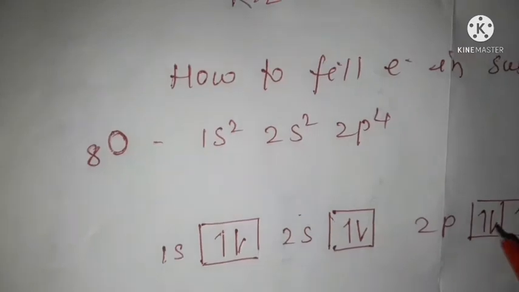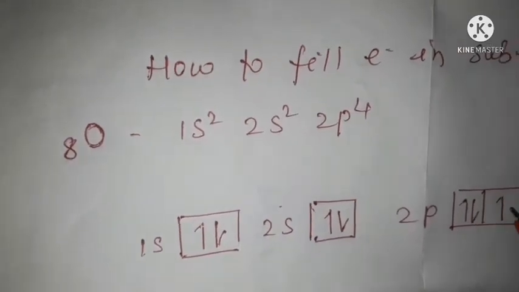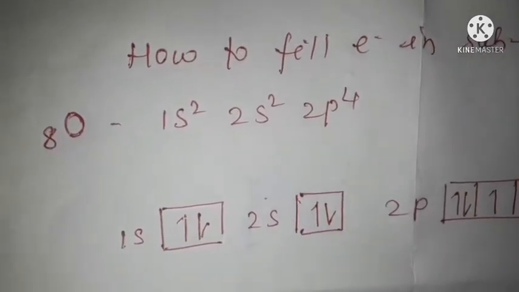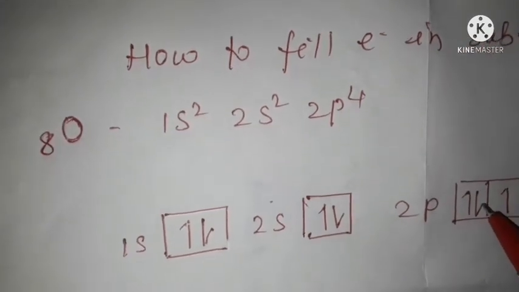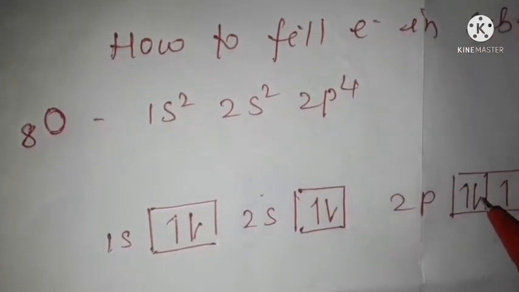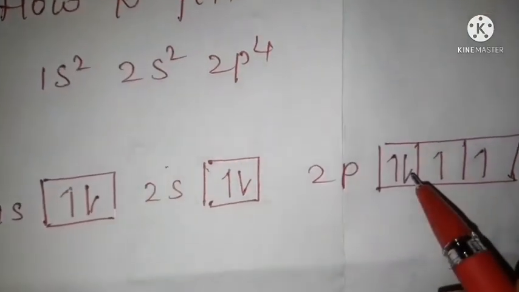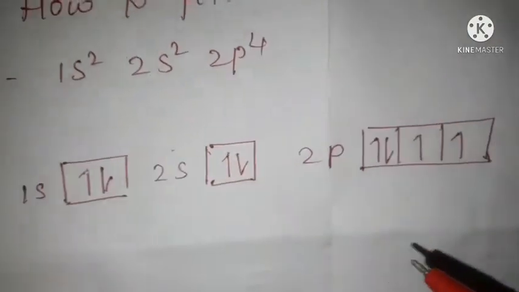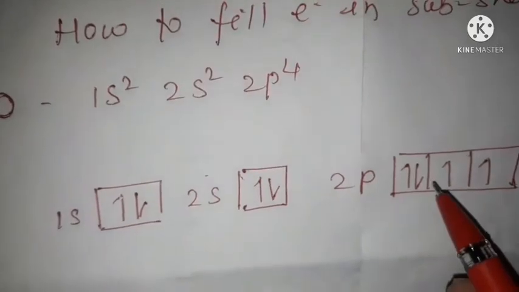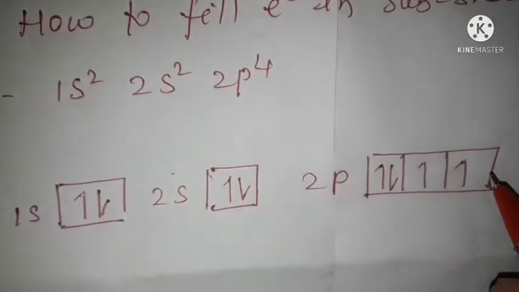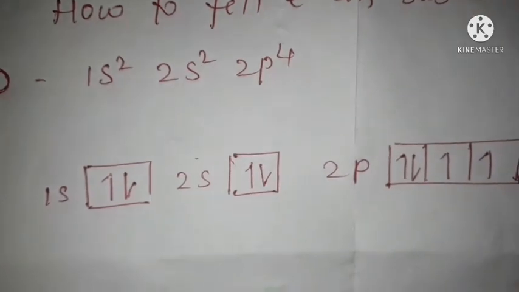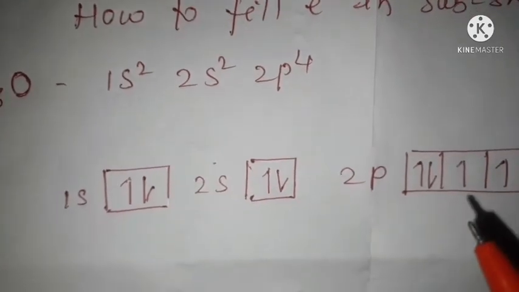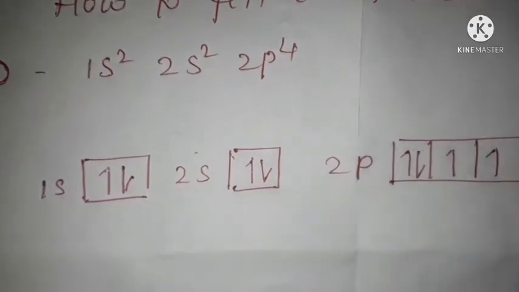So we first fill 1, 2, 3, then the remaining 1 we fill by pairing it. Now if the number of electrons increases, then we fill 5, 6. In this way we fill electrons in all the subcell orbitals.